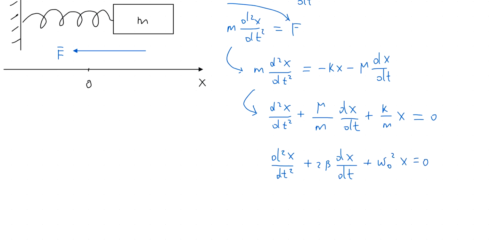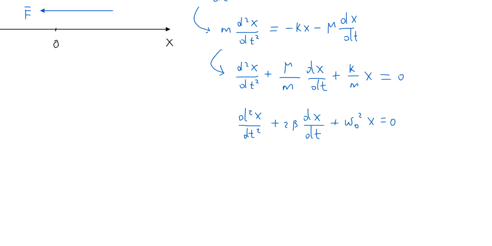So the first value, omega 0 squared, we already know. This is the natural angular frequency. So we know that omega 0 for a simple oscillator is equal to the square root of k divided by m.